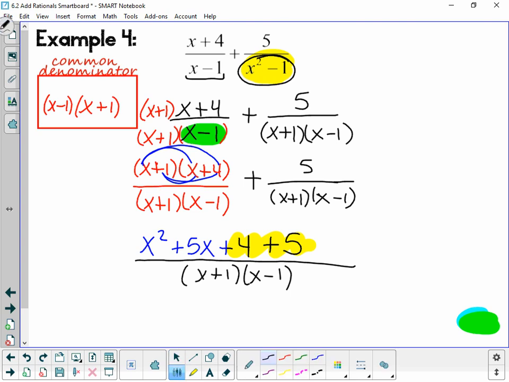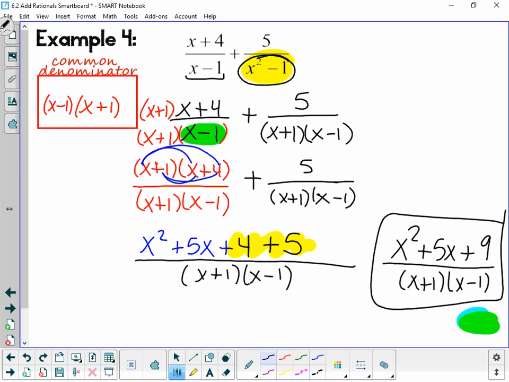So our final answer would look like x squared plus 5x plus 9 over x plus 1 times x minus 1. And there's not really anything we can do to simplify that. You could always look at this quadratic and see if you could factor it, but x squared plus 5x plus 9 is not factorable. So we're done with this one.